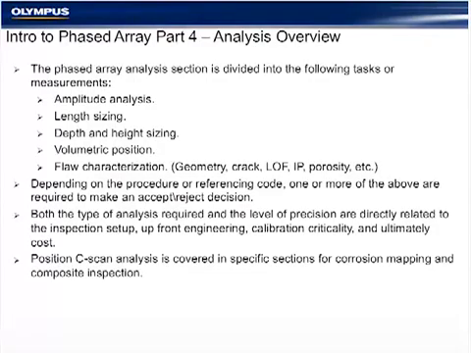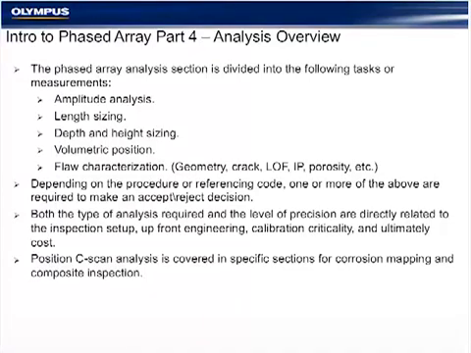So, moving into analysis from acquisition, the phased array analysis section. Everybody in attendance is going to receive the full version of these training PowerPoints. But when we talk about analysis, we're talking about 5 specific groups of information for which an accept, reject, or information decision must be made.